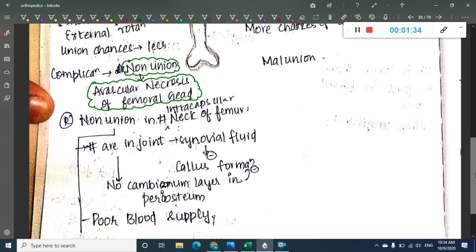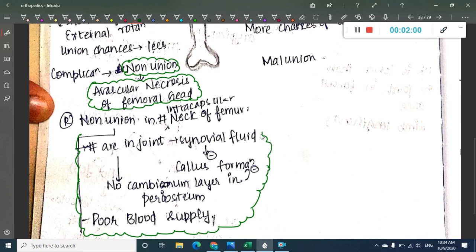So the question is, why is there non-union in intracapsular fracture neck of femur? It is because of two main problems. The fracture is present in the joint, between the acetabulum and the femoral head.